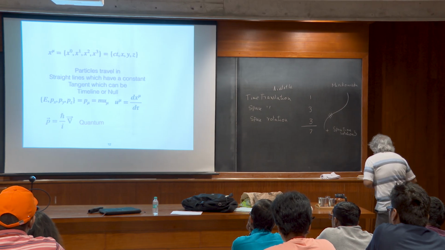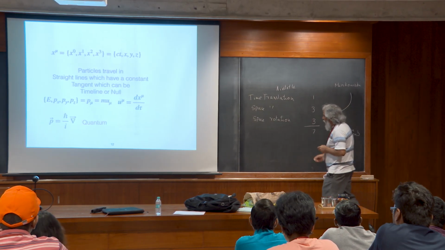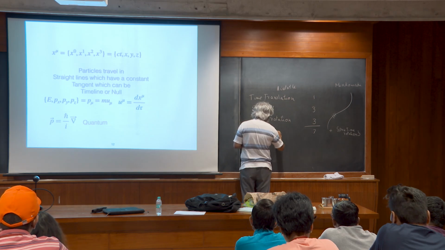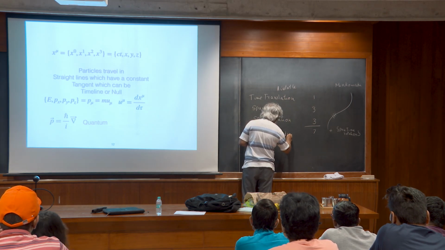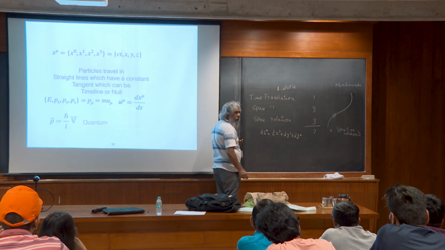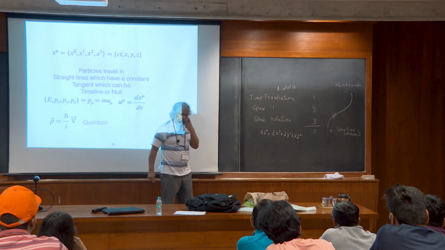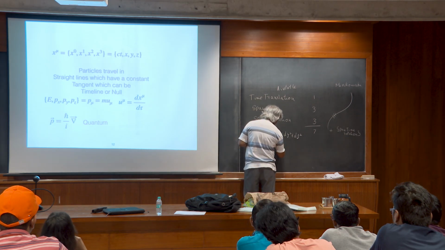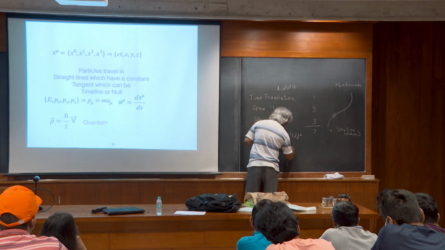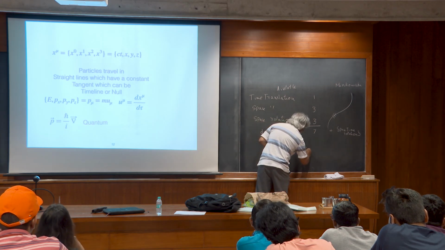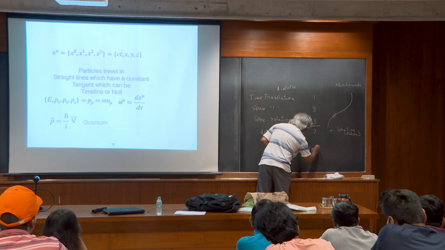Now, even in ordinary flat space, I could write the distance as dx squared plus dy squared plus dz squared, and consider this as representing my geometry. But I could equally well choose polar coordinates and write it as dr squared plus r squared times d theta squared plus sine squared theta times d phi squared.